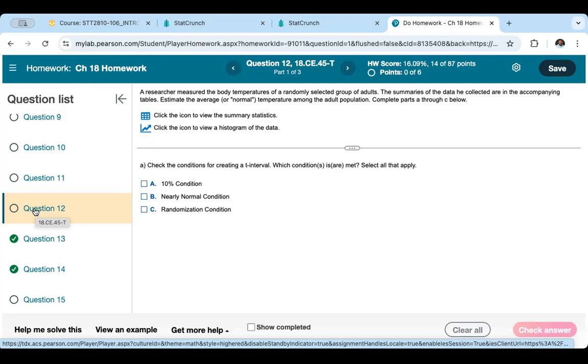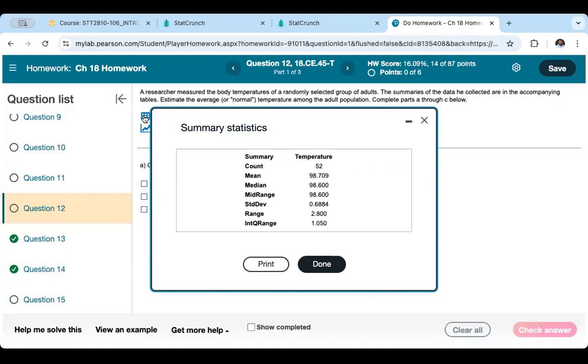The summary of the data he collected are in the accompanying table. So we should estimate the average temperature among the adult population and then complete part A through C. So for example, if I click on this one here, I see that the sample is 52.